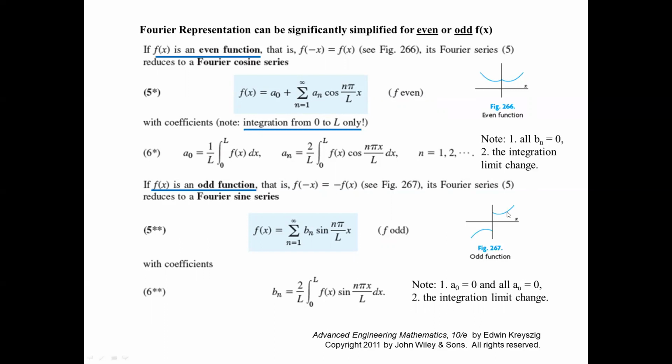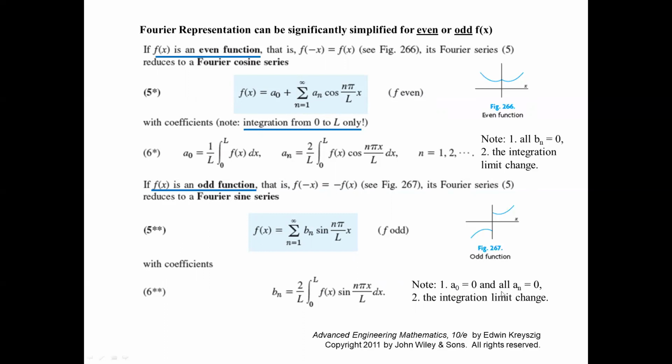That means if we have a point, draw a straight line through the origin, we get a point which is right on the given function. For this case, A naught and An are all zeros, and the integration limit also changes to 0 to L.